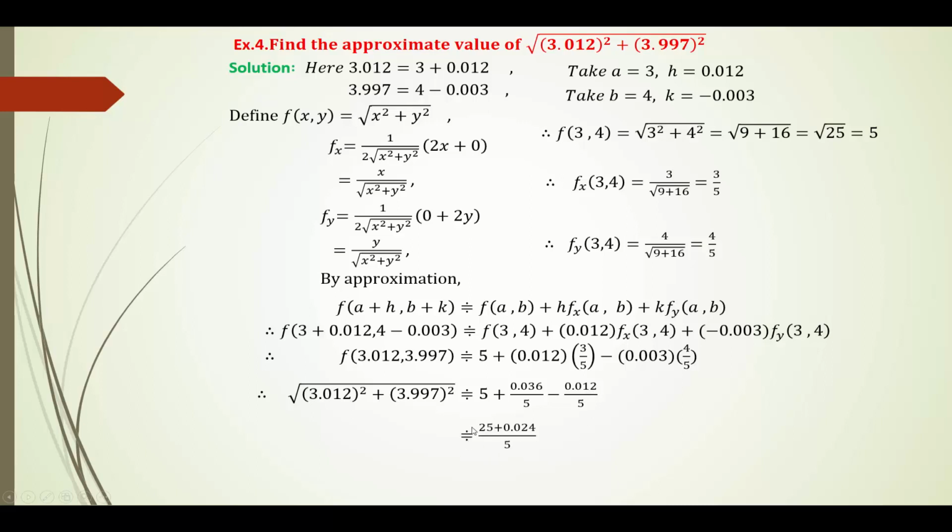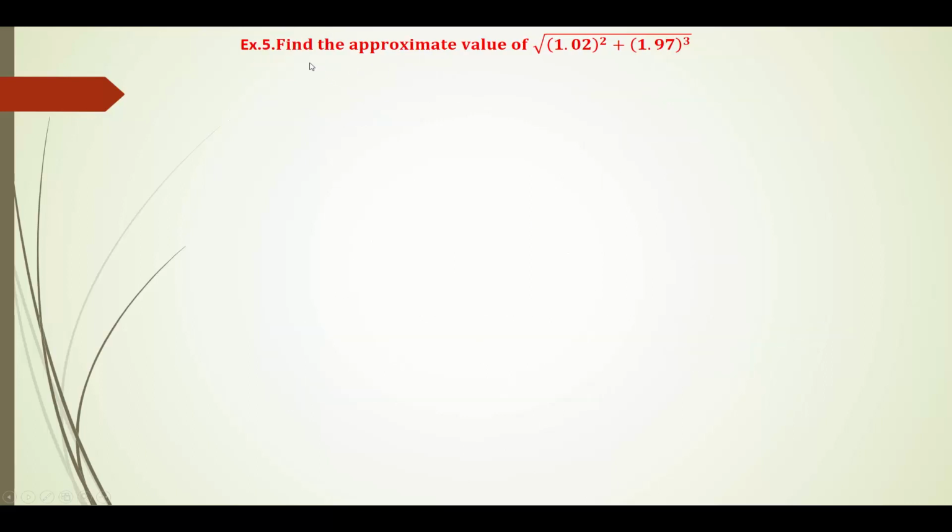Take LCM, LCM is 5, so 5 fives are 25, then plus 0.036 minus 0.012 is 0.024. So it is approximately equal to 25.024 upon 5, and dividing by 5 we get 5.0048, which is the required answer.